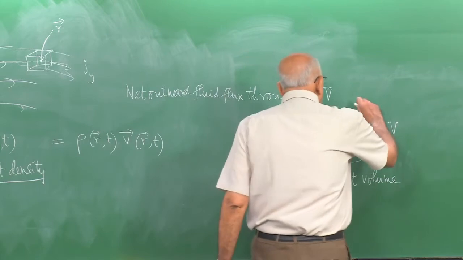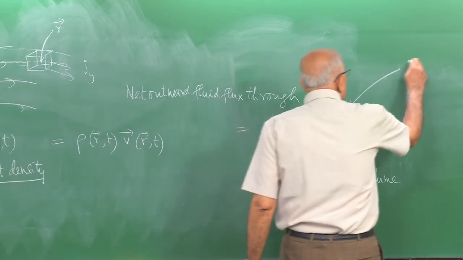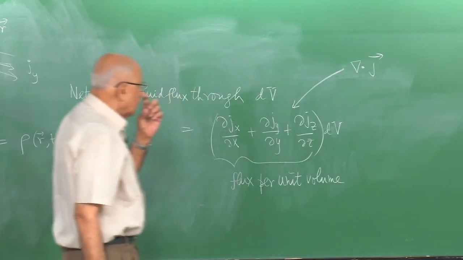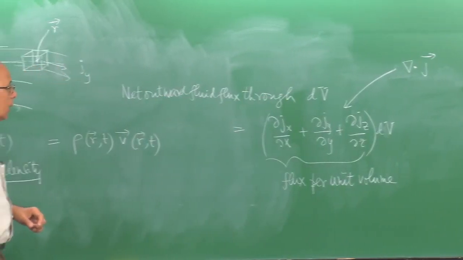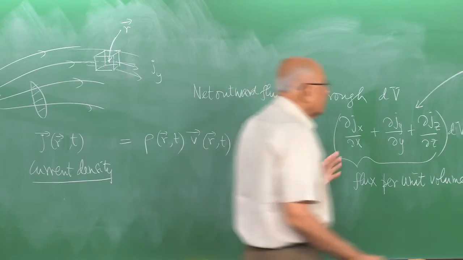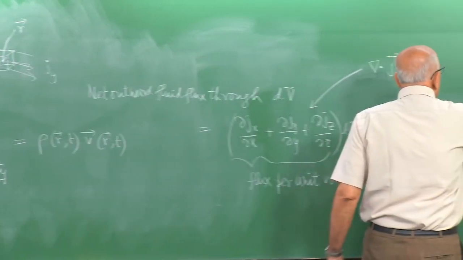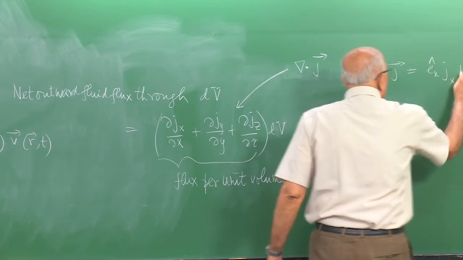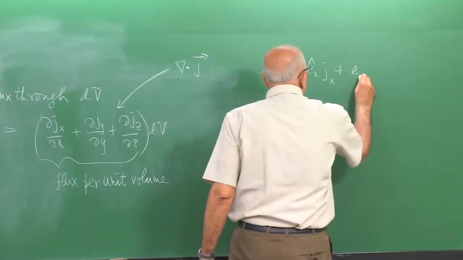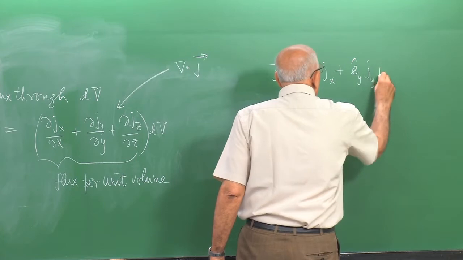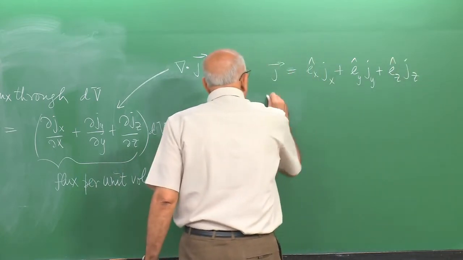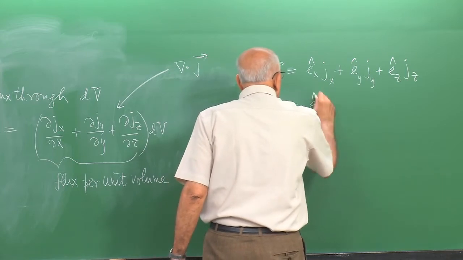Notice that you could also write this as del dot J. And the reason you can write it in this form is because J, recall, is Ex Jx plus Ey Jy plus Ez Jz, and the del was an operator which looked like this.